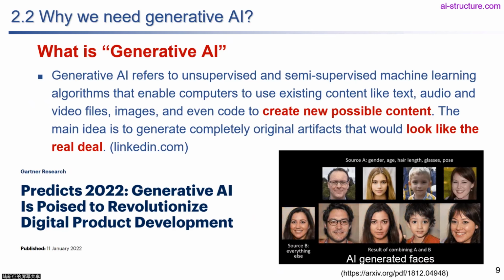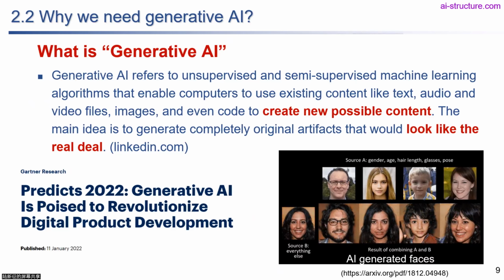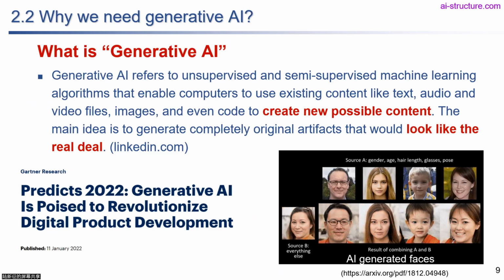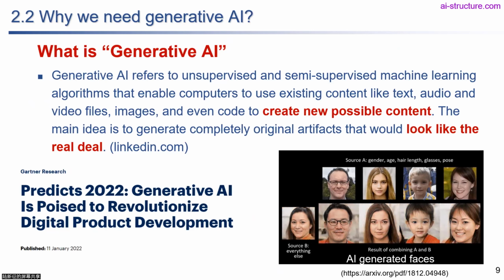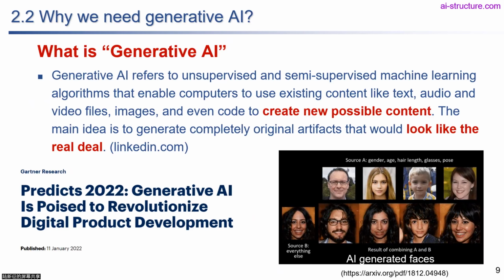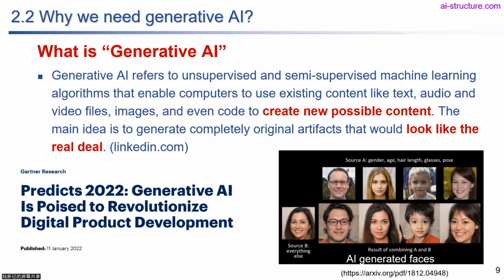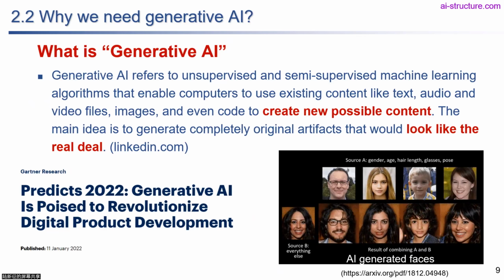The first is that after learning sufficient data, the AI can generate something totally new, like the people on the bottom, who are new people, not real-world people. The second is that the capacity of AI is so powerful that when it generates something, you cannot tell whether it was generated by AI or is a real-world person.